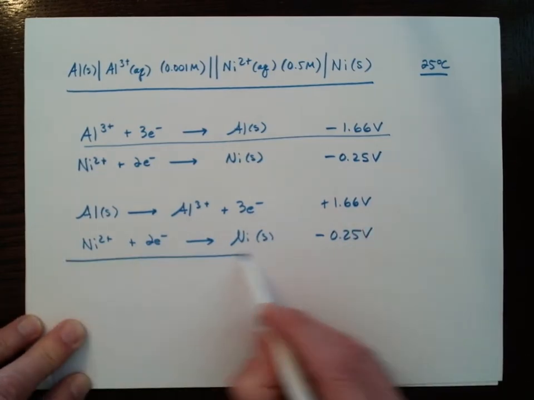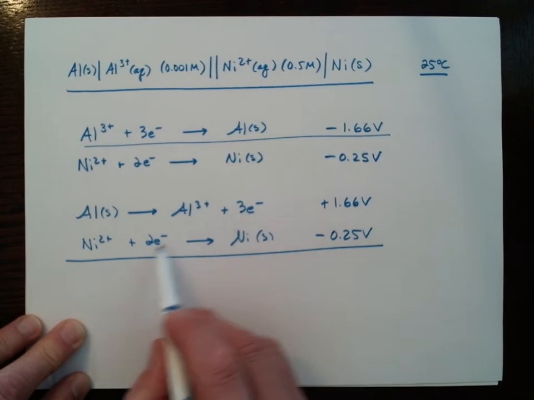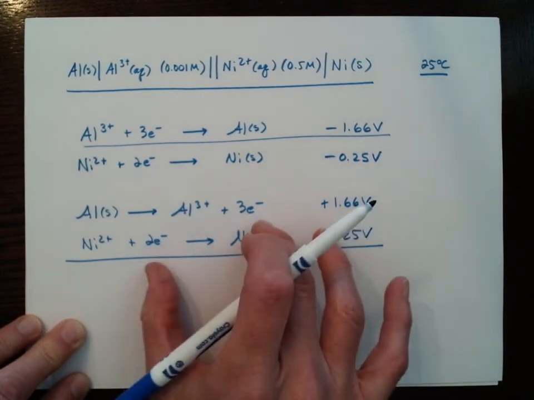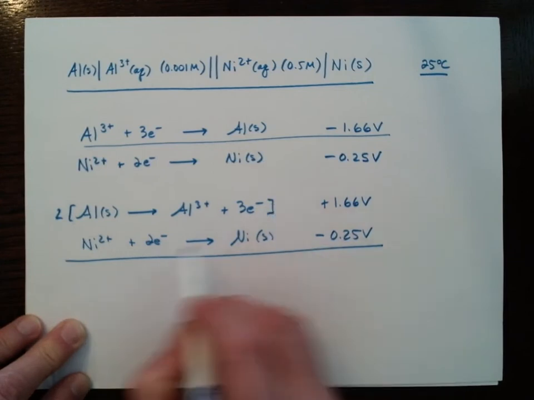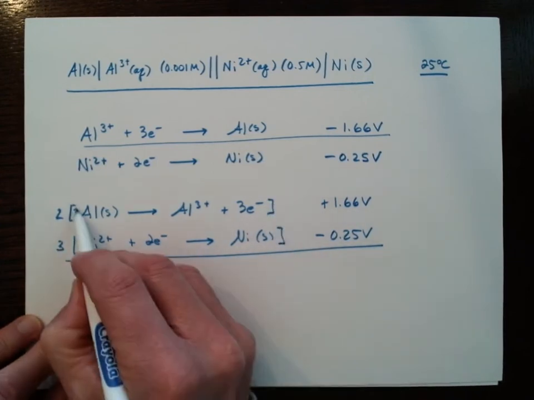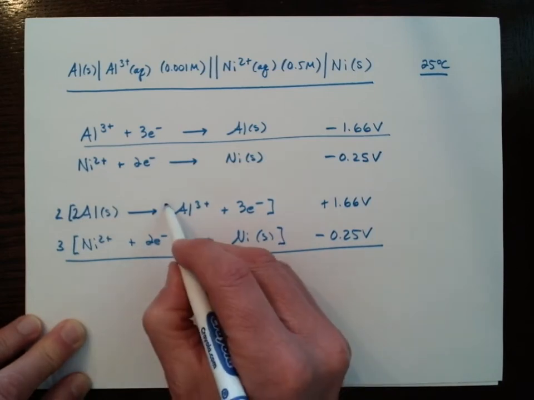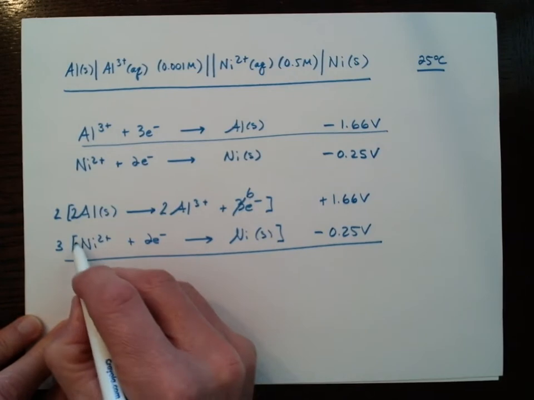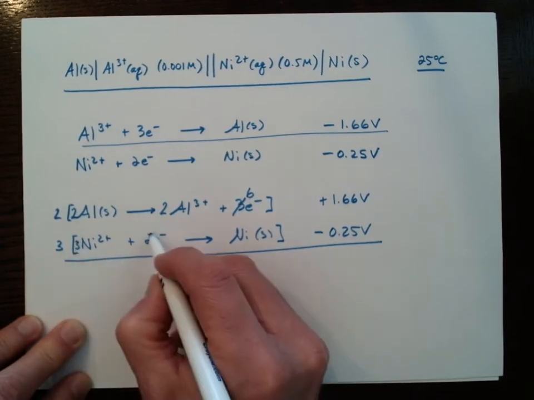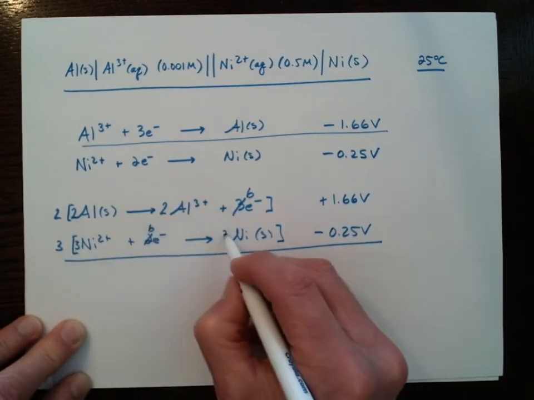Well, notice here, I can't just add these together because these electrons don't balance, but they will balance if I multiply this top whole thing by 2 and this bottom whole thing by 3, right? So I have 2 aluminum solid, 2 aluminum ion, and 6 electrons, and then I'll need 3 nickel 2 plus, 6 electrons, and 3 nickel solid.